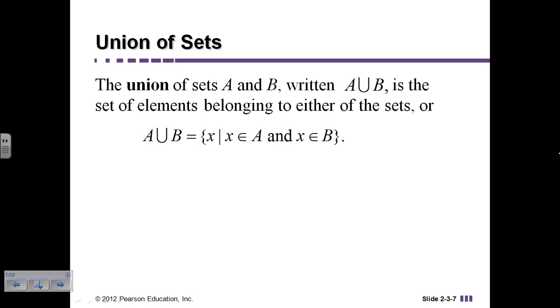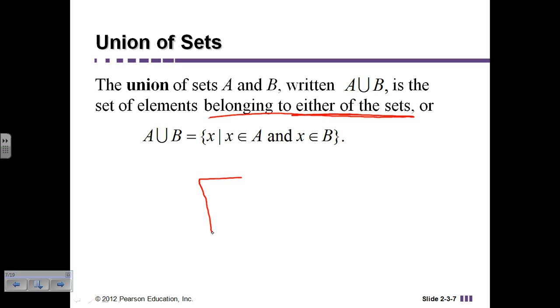With the union of the sets, what we're looking for is elements that belong to either one of the sets. Either set can have the element. If you think about the word union, we're joining together the two sets.